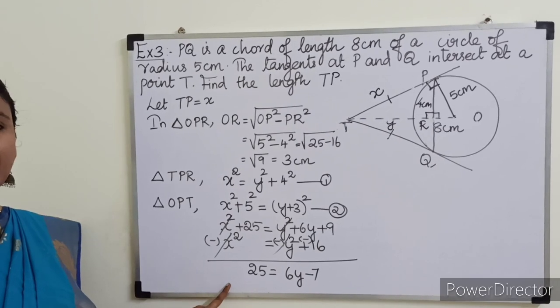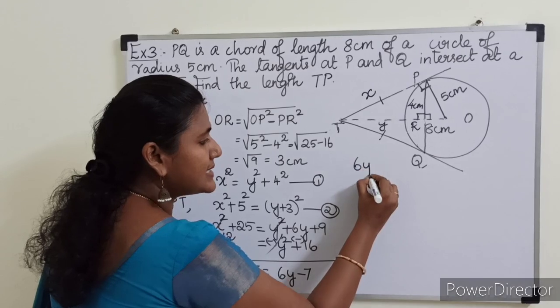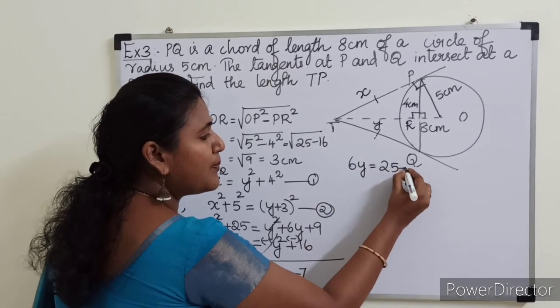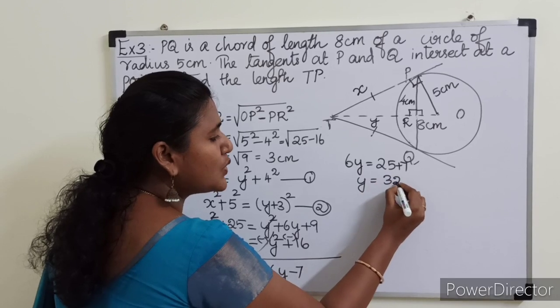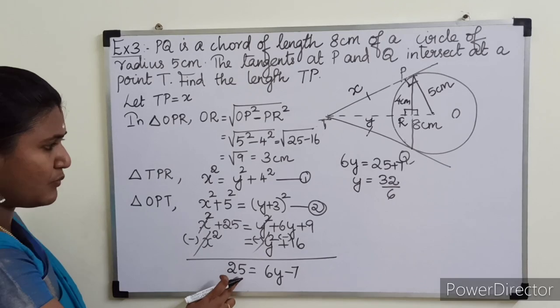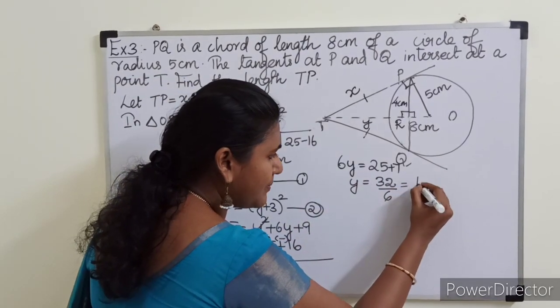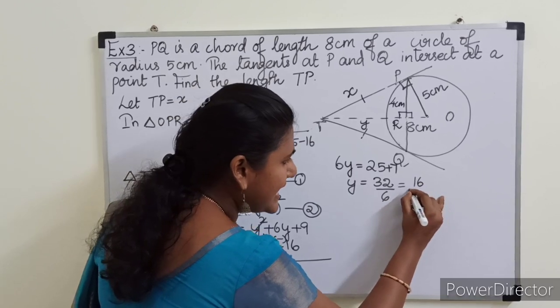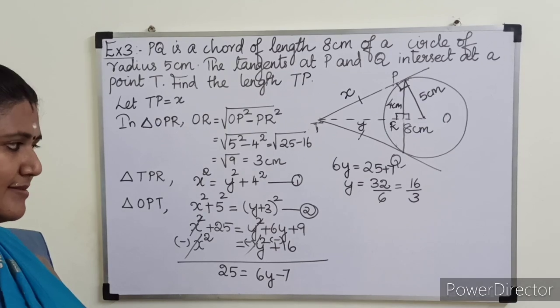So 6y is equal to 25 plus 7, that is y is equal to 32 by 6, which we simplify to 16 by 3.